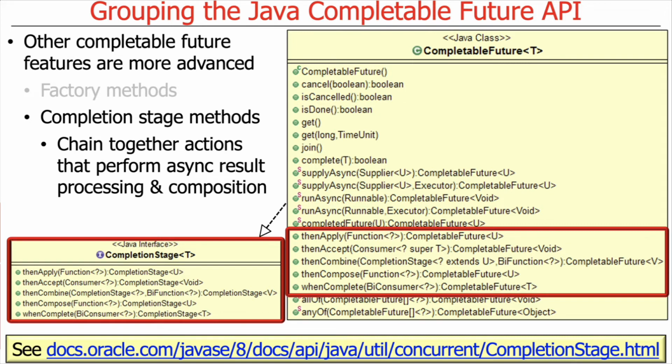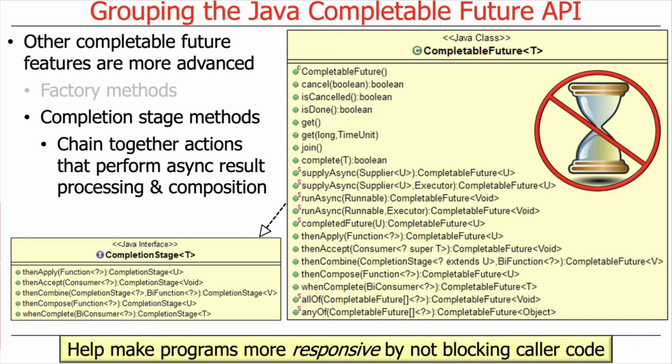These methods all come from the so-called completion stage interface. There's an interface called completion stage, and Completable Future implements completion stage just like it implements the Future interface as well. Lots of really good stuff here. As you can see, the bulk of the stuff is in the completion stage methods.